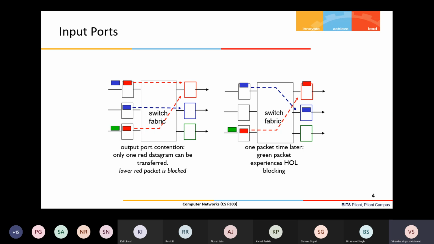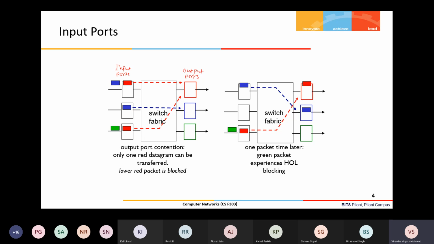We'll see how packet buffering can occur at the input ports and output ports. Let us see an example. One scenario is given here: you have three input ports and three output ports. For simplicity, we have considered that the input and output ports are different, meaning the router is receiving on some ports and transmitting the datagrams on others.